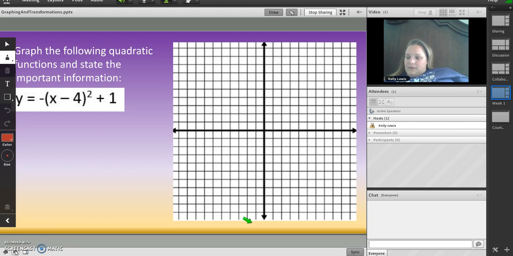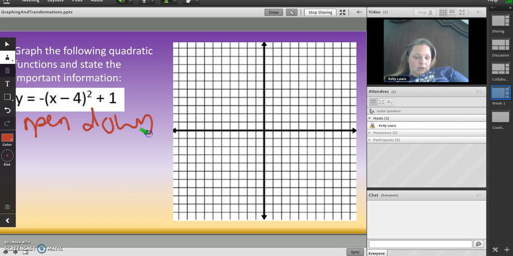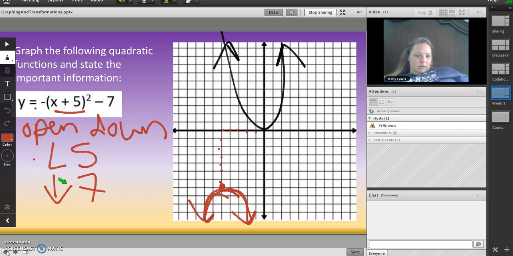All right, look at this guy. Still a negative, so we're going to open down. All right, -4. So we're not going to go left 4, we're going to go right 4 because this is opposite. And this we're going to go up 1. I didn't tell you the vertex. This vertex, this point right here, just so you know, is -5, -7.